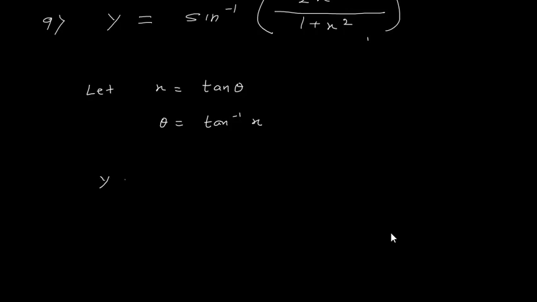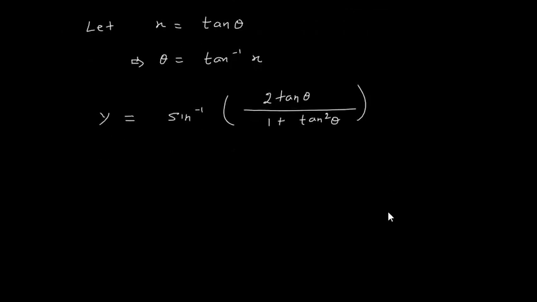So I have y is equals to sine inverse. Now here 2x will become 2 tan theta divided by 1 plus x square, which will become 1 plus tan square theta. So y is equals to sine inverse 2 tan theta upon 1 plus tan square theta.